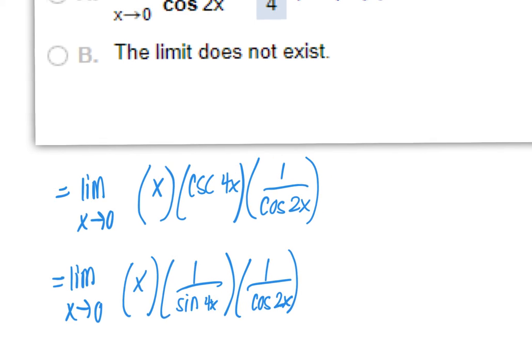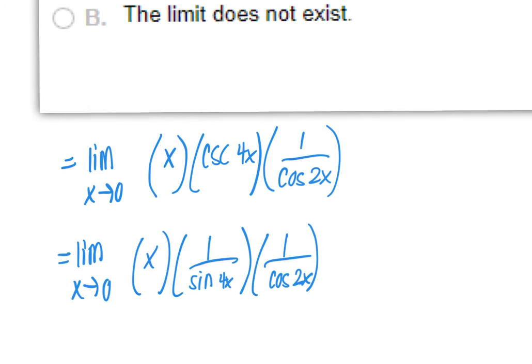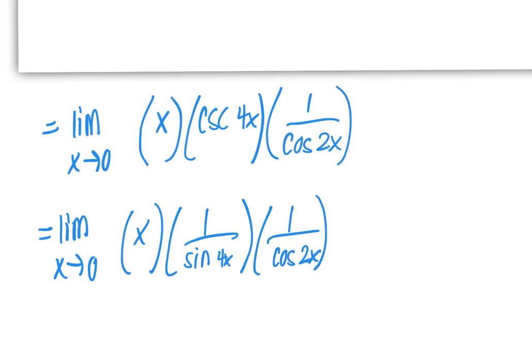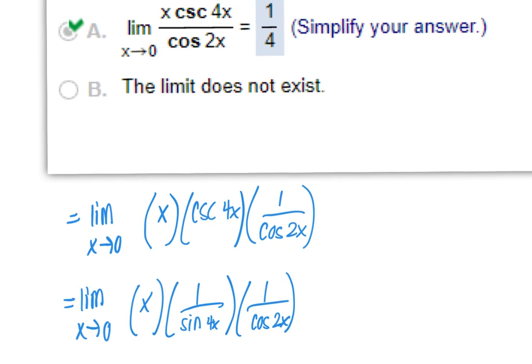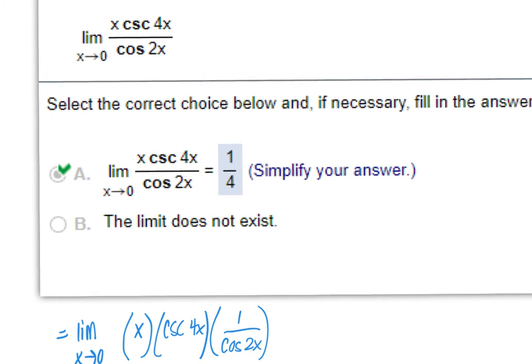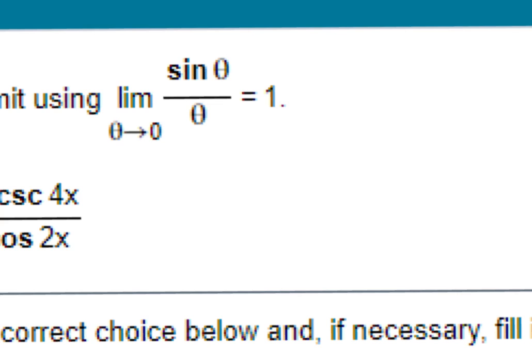So before we go much further, you're probably thinking, okay, you've rewritten it in terms of sine and cosine. It still doesn't look much better though, right? But we're making a lot more progress than what you're thinking. I probably should have explained that the limit of the sine of theta over theta as theta approaches 0 is equal to 1.